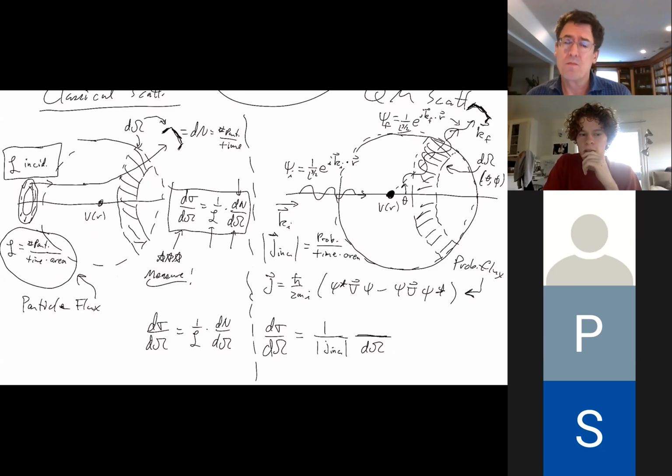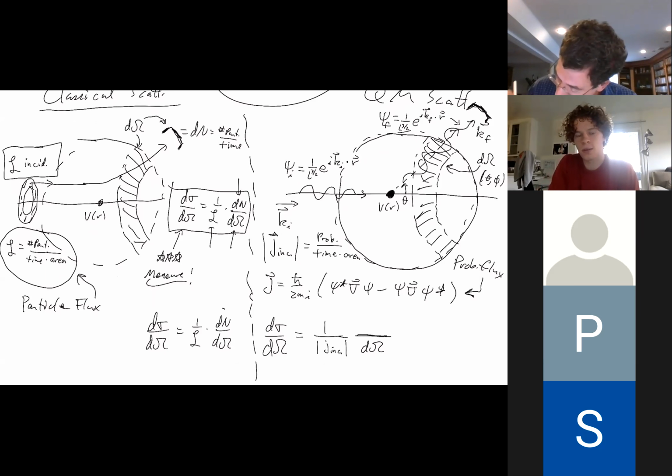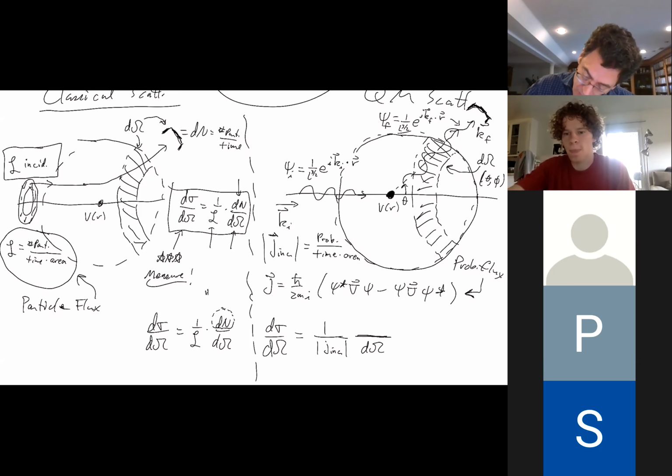What goes on top? Is it the probability or probability density? That's right. Here I have number of particles per time. That's particles per time that I measure, number of particles per time.